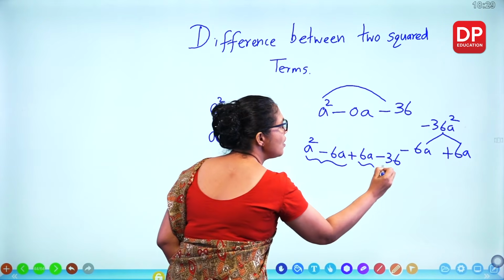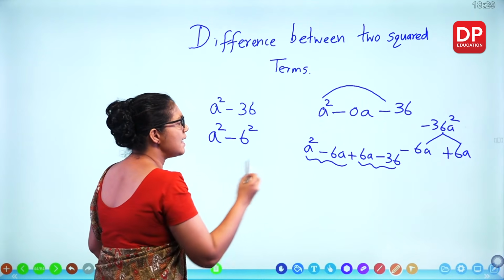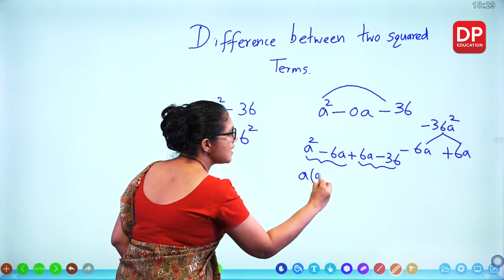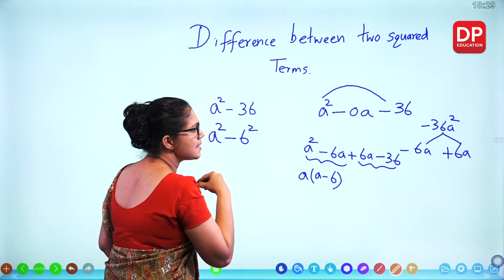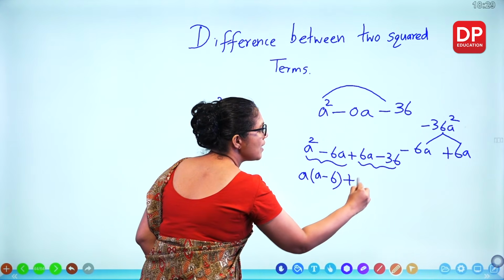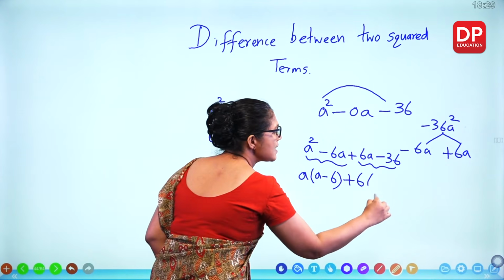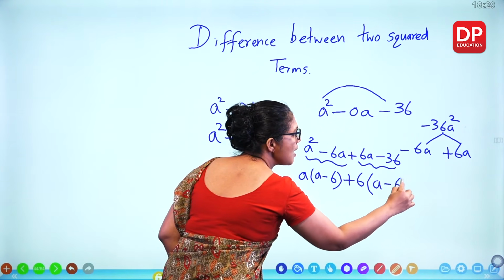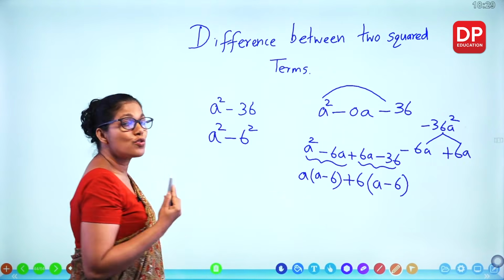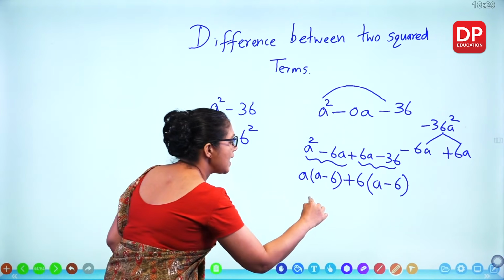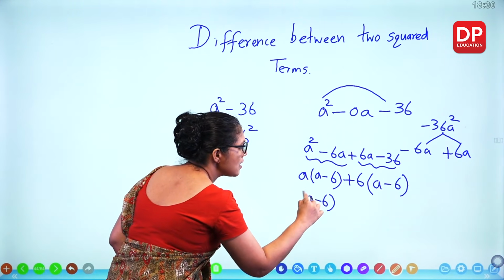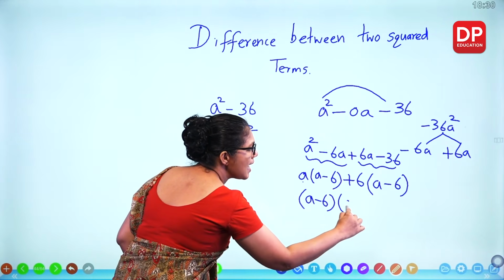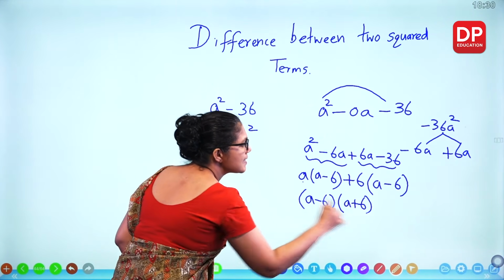Again, like before, take two terms separately. A is common, take it out, you get a minus 6. Here, what's common? 6 is common. Take it out and you get a minus 6. Again, two terms are there. You take a minus 6 out. What's remaining? A plus 6.